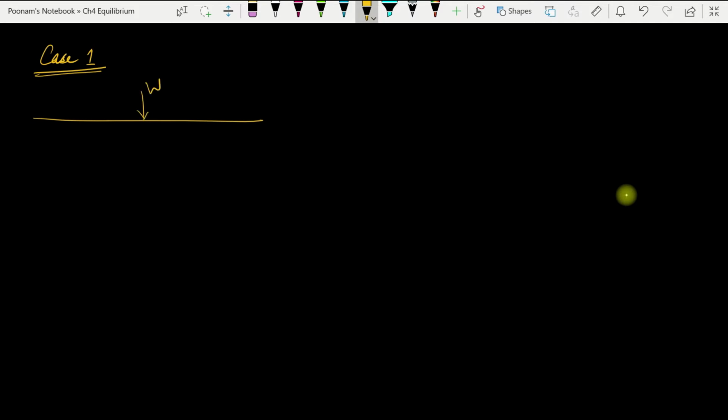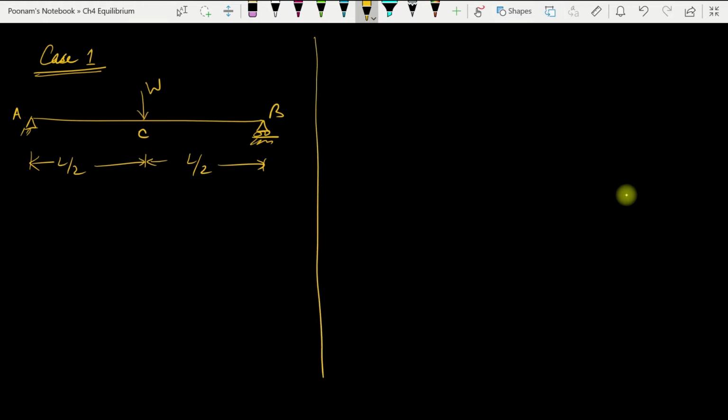So W is the point load, and this is the simply supported beam. W is acting at L by 2 from both the ends. So it is acting at the midpoint, and we can label the beam as usual A, B and C. So our first step is to calculate support reactions.